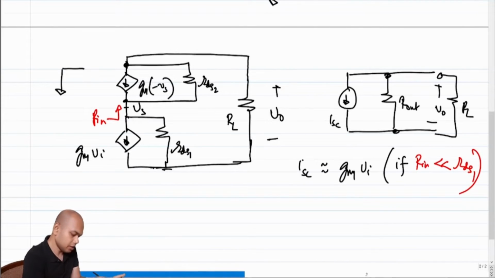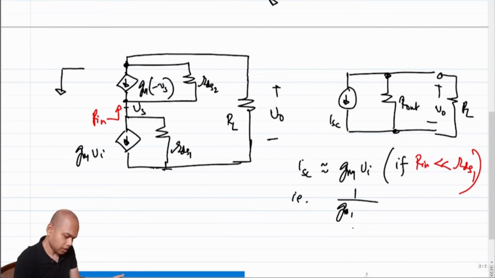so in other words, this translates to, what was the looking-in impedance? Looking-in impedance was 1 over GM1 plus GM2 plus GDS2.